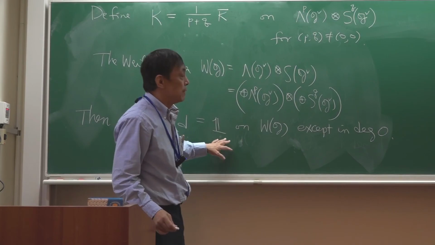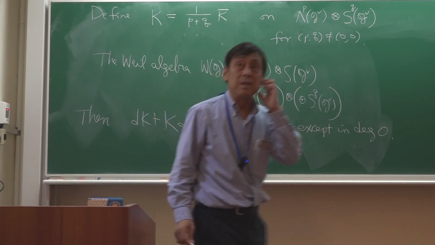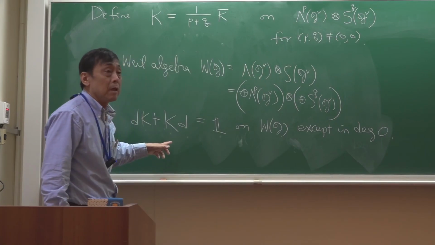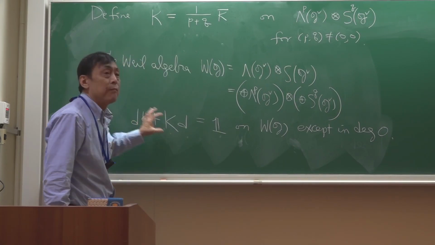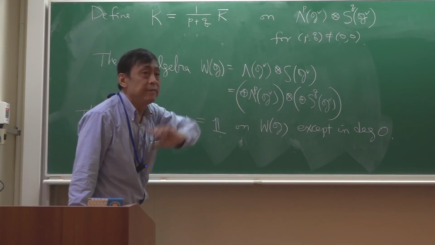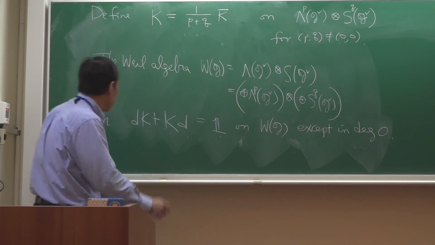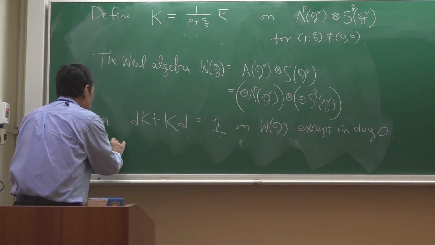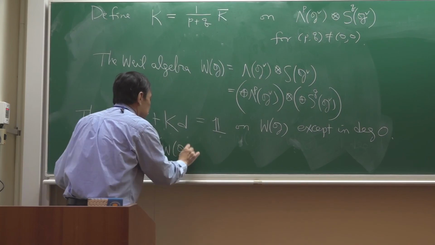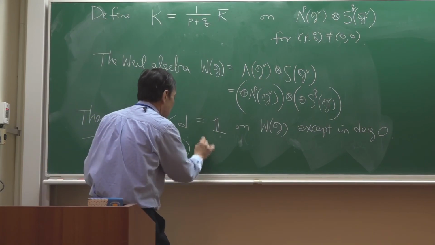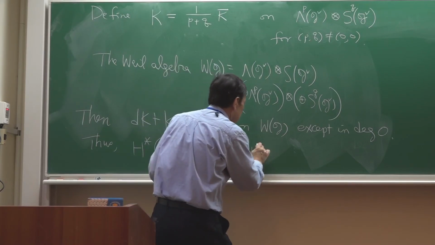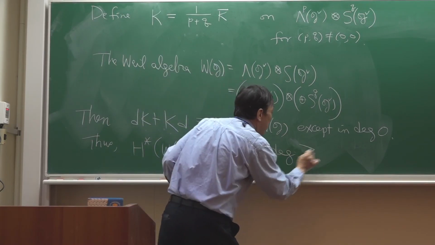When an element in the Weil algebra has degree 0, then P and Q are both 0. So that says I have found a cochain homotopy in degree above 0. Thus, the cohomology of WG is equal to 0 in degree above 0.